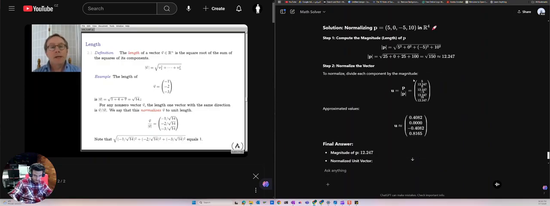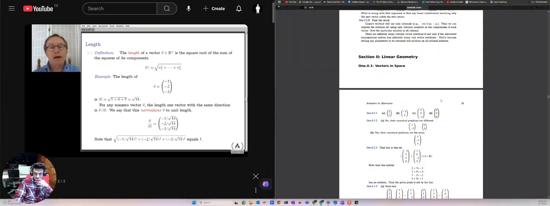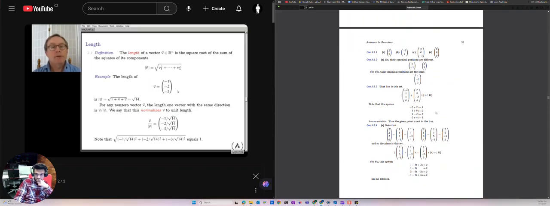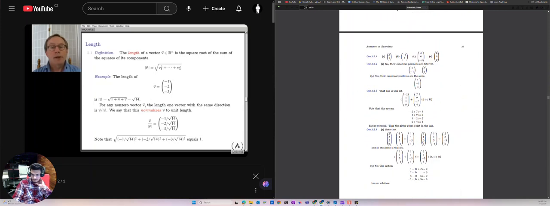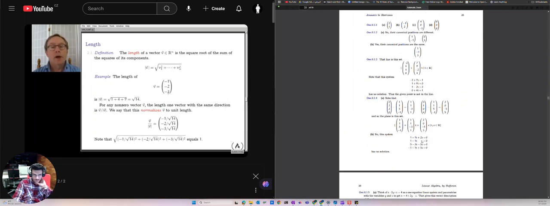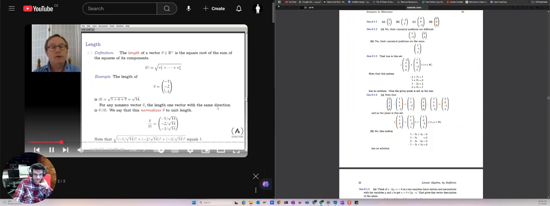It will often be the case that we want to take vectors that are of an arbitrary length, like square root of 14, and resize them to make them be of length 1. So we'll take this vector and come up with a new vector that has length 1. That's called normalizing the length. The right way to do that is to divide the vector by its size.